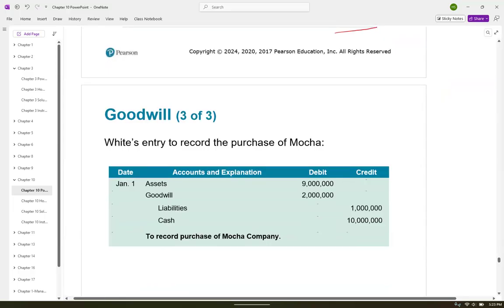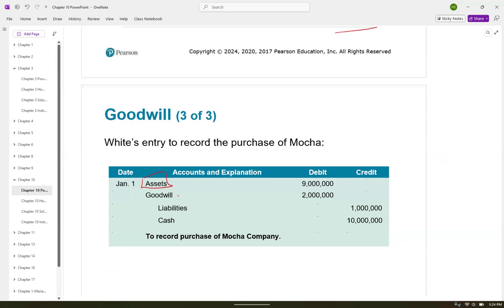This would be much more complex because these assets right here, we would literally go in and debit the building for the fair market value, the land for the fair market value, the equipment for the fair market value. This journal entry could be huge. Okay. So we're going to record that goodwill. Goodwill will stay on the financial statements.